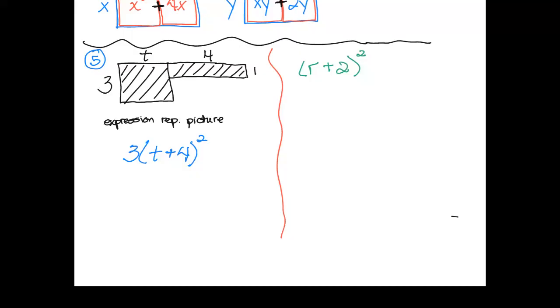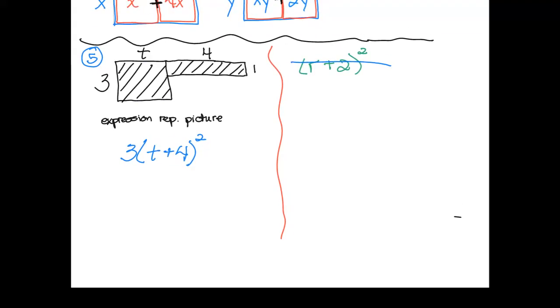Okay. What do you guys think of that? Now this is separate. You're not looking at that at all, right? Does this picture represent what we have there? What would you say?